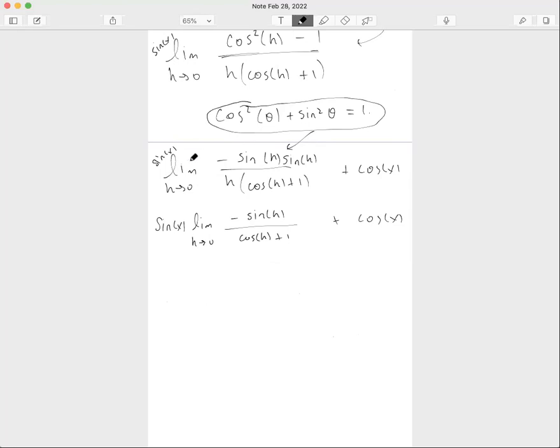All right, so what is this limit now? Can you plug it in? What happens when you plug in h equals 0? Wait, what about the plus cos? That's out here. We already did that limit.